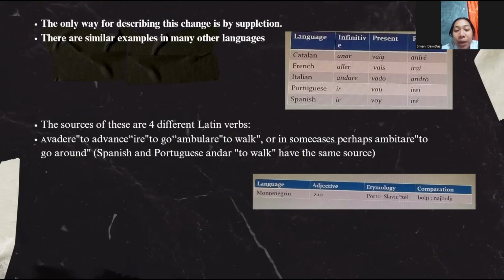This is the Spanish and Portuguese language, so you can read the words in the table. In the example for the table, we have the language Montenegrin. The adjective is zao, etymology Proto-Slavic zao, and then comparison, bolji.